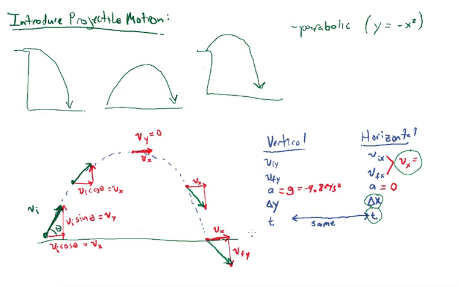It just moves at a constant horizontal velocity, just like this would do. And so you would solve this just like a regular old horizontal no acceleration problem. That is, I think, about all that I had to say for an introduction to projectile motion.